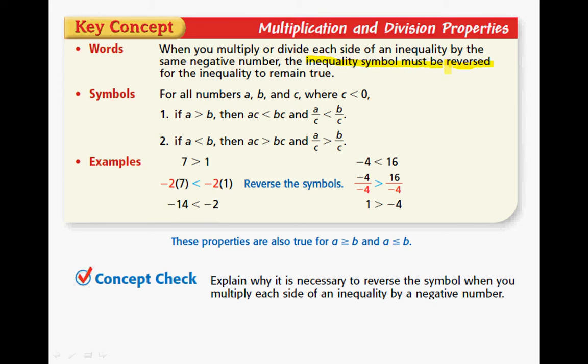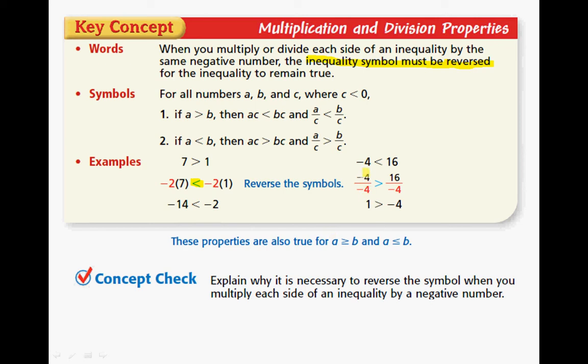We'll do that. Okay? So here you have 7 is greater than 1, but if we're going to multiply both sides by negative 2, we have to switch this inequality. So you have to reverse it so that negative 14 is less than negative 2.